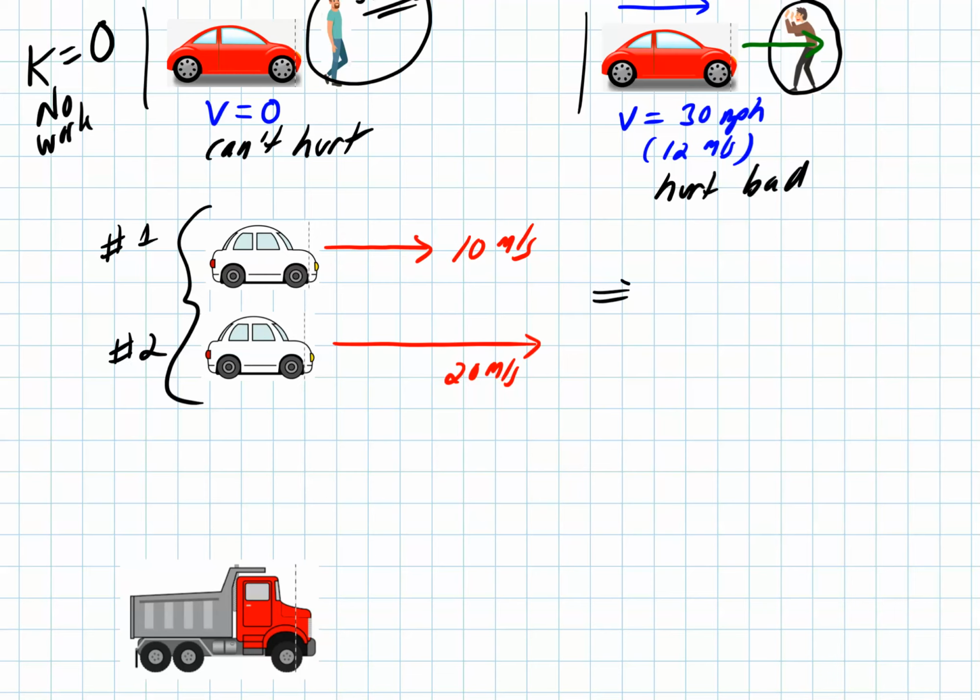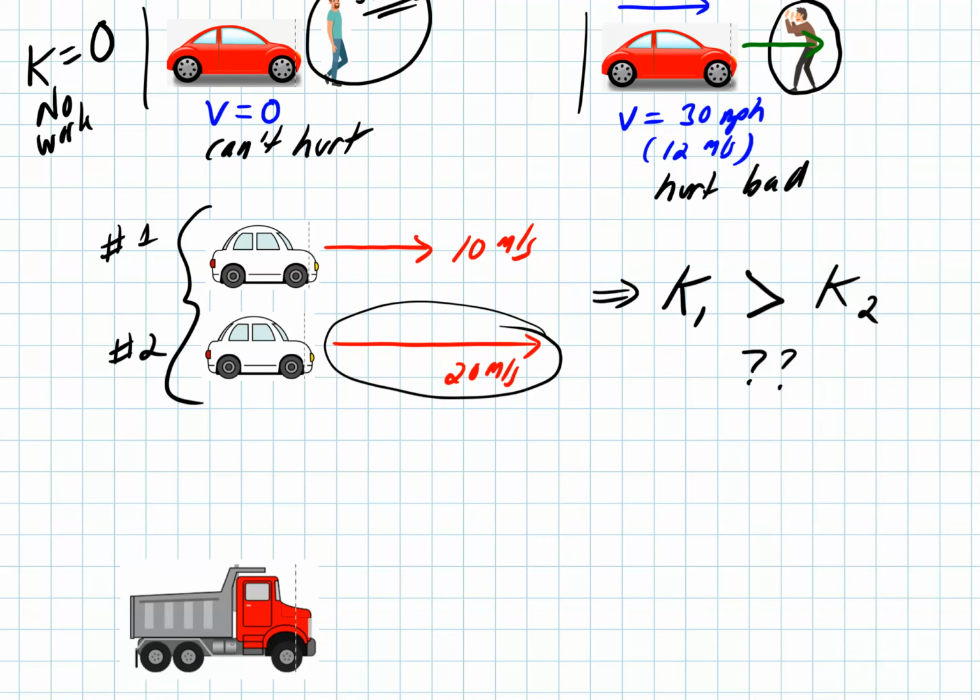So over here, no surprise, the kinetic energy of car 1 is going to be less than the kinetic energy of car 2. So you already know that faster, for identical objects, means more kinetic energy. But how much more? That's a question that we're going to be able to answer pretty soon.